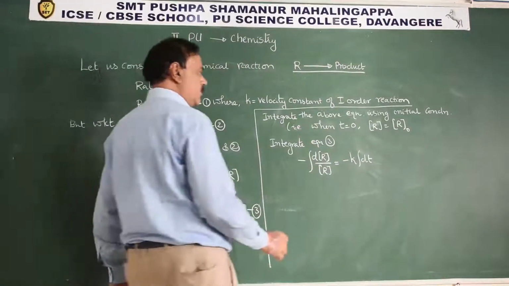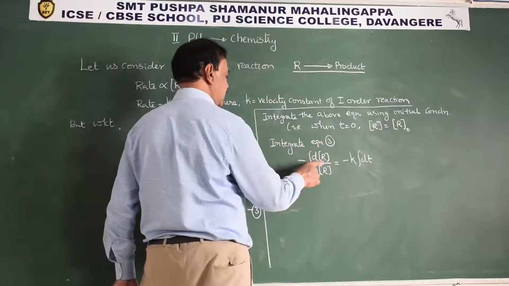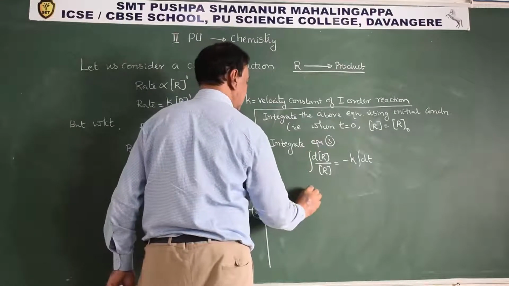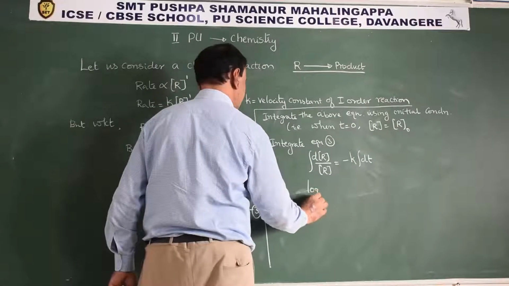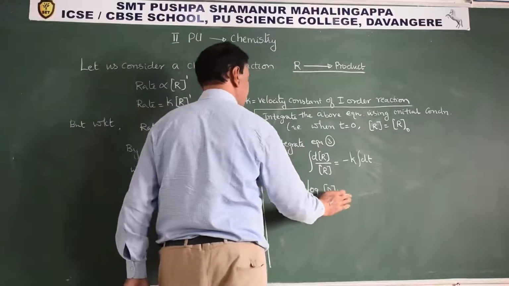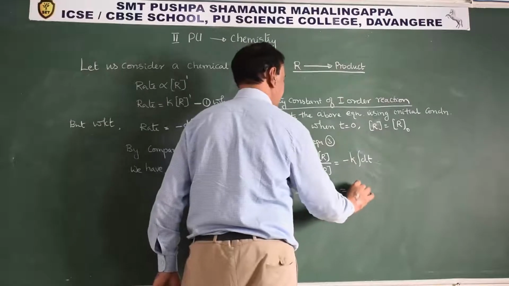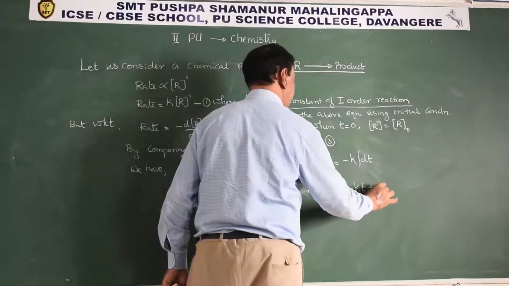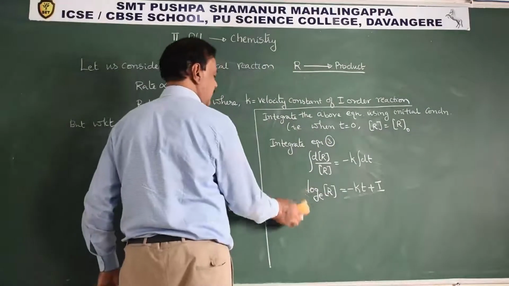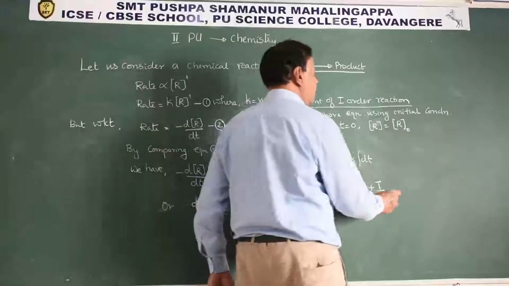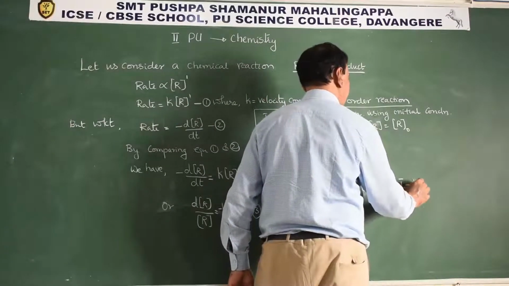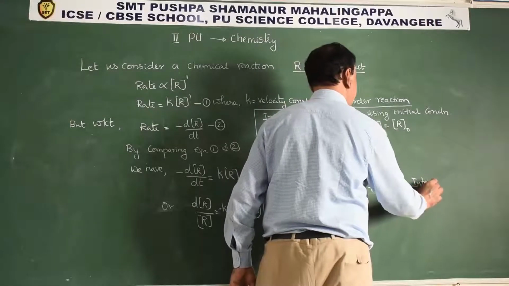Now the integration of dR/R is equal to log base e R, that is equal to minus K into t plus I. What is I? I is called the integration constant.